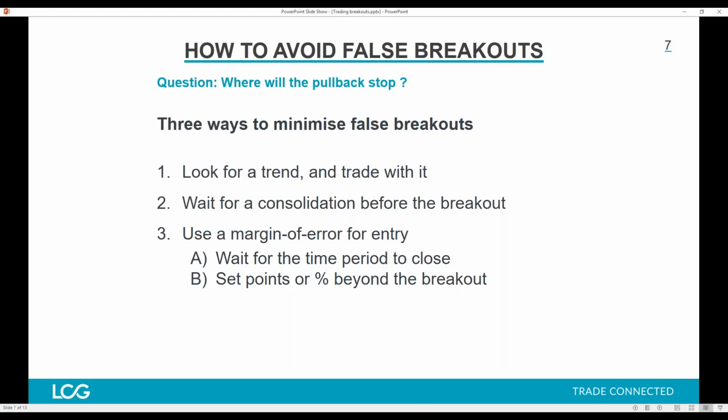If it just moves 1 point above the previous high or 1 point below the previous low, certainly that could work out, but it is less likely than if, for example, it had moved 5 points, or if it had moved 1% of the price beyond the breakout level.